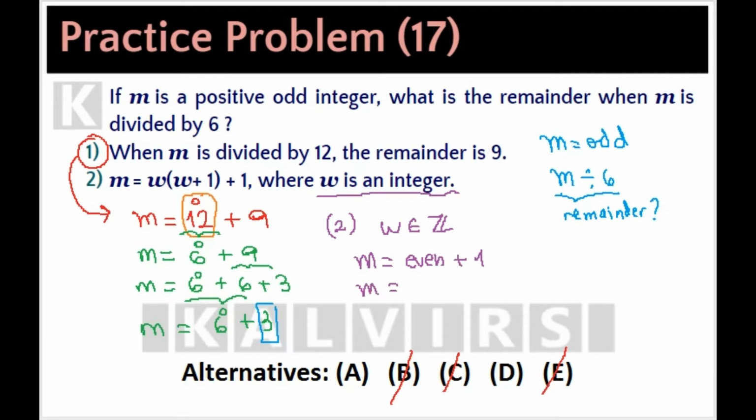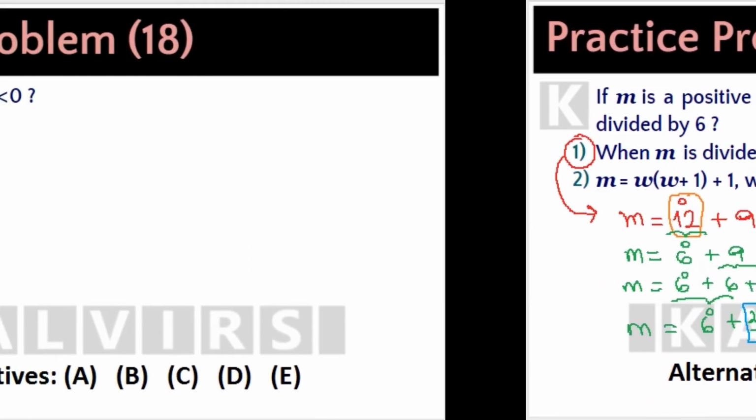An even number plus 1 is odd. m is an odd integer. But remember that the question stem already said that m is an odd integer, and that really helped us to find the answer. So statement 2 alone is not sufficient. Alternative D is eliminated, and choice A is correct.